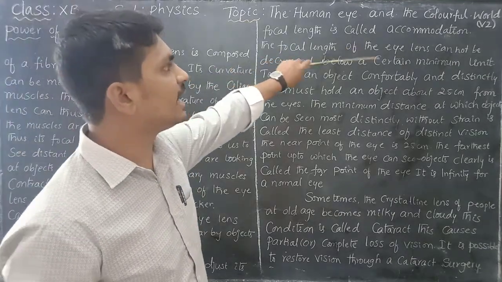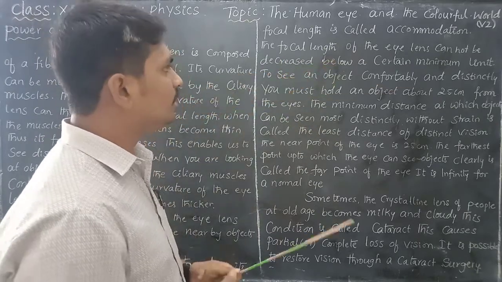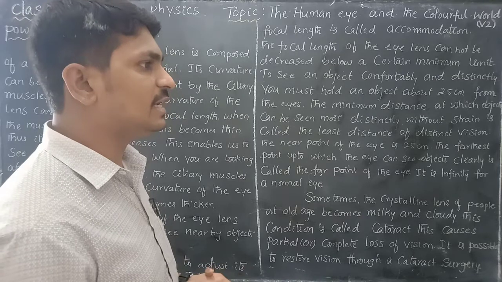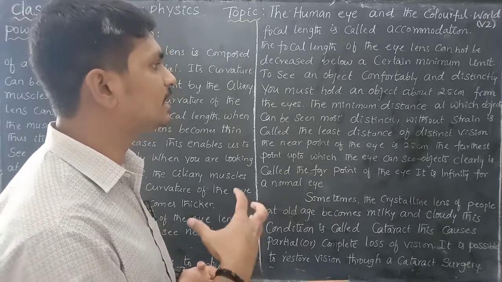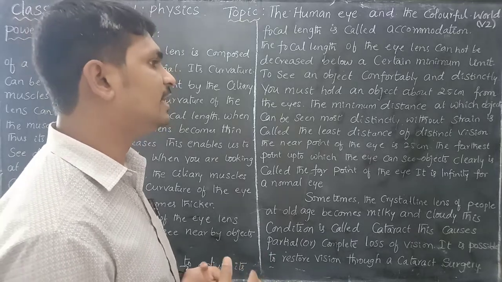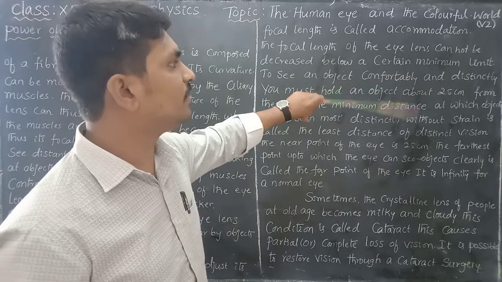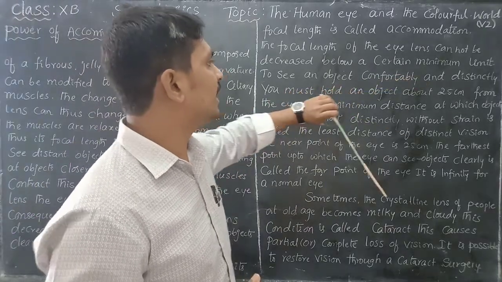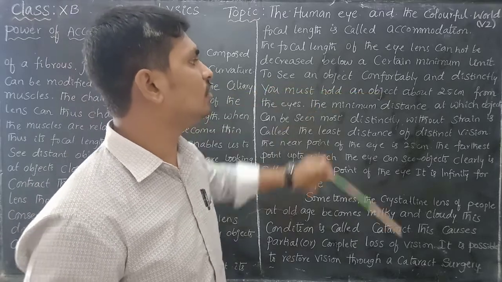The focal length of the eye lens cannot be decreased below a certain minimum limit. After that, it cannot be decreased further. To see an object comfortably and distinctly, you must hold the object about 25 cm away.